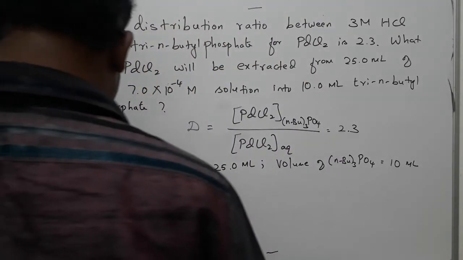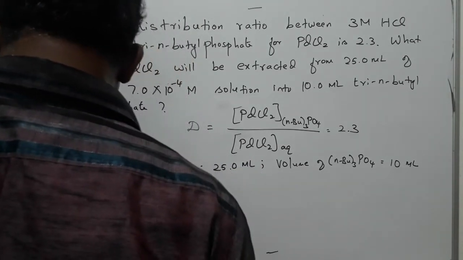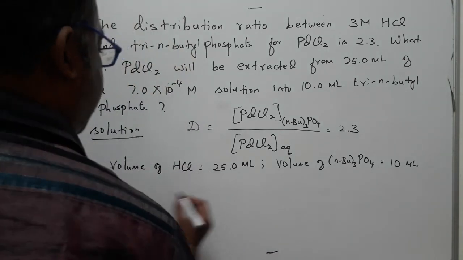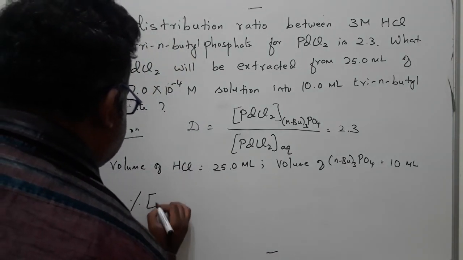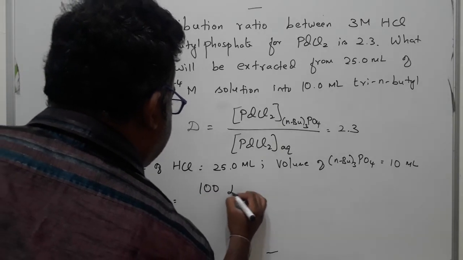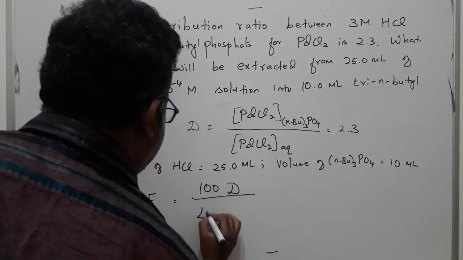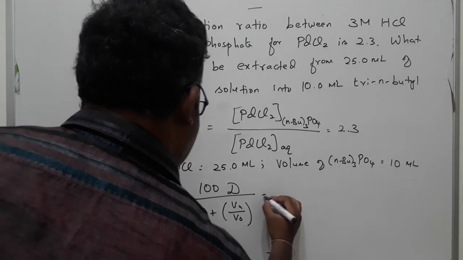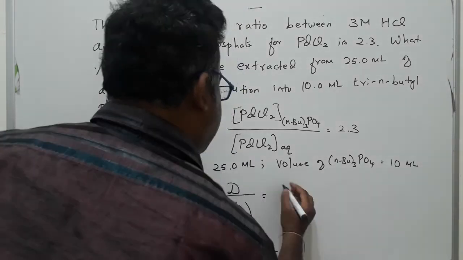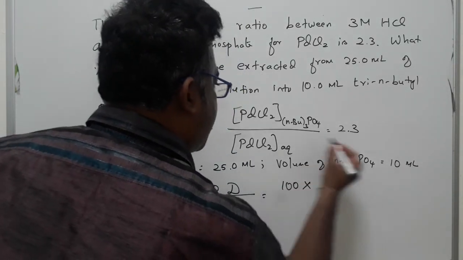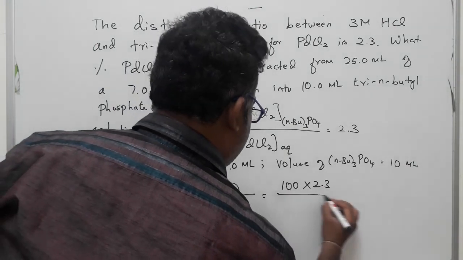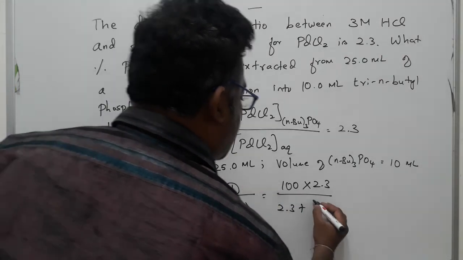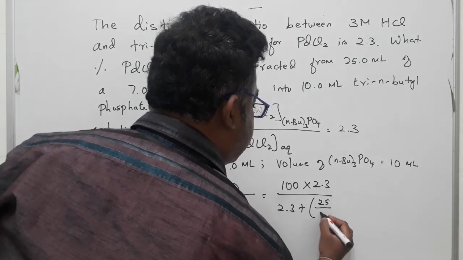Now the formula: percentage extracted is equal to 100 D divided by D plus VA by VO. So 100 into D, which is 2.3, divided by 2.3 plus VA, the volume of aqueous, 25 ml divided by 10 ml.